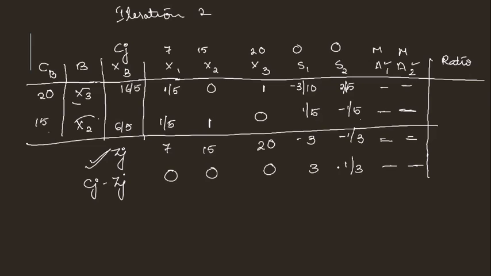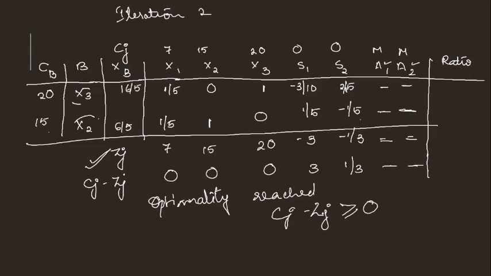Now this is where you can stop your iteration in a case of a minimization problem. So the optimality is reached in a place where all the cj minus zj values are positive or 0.